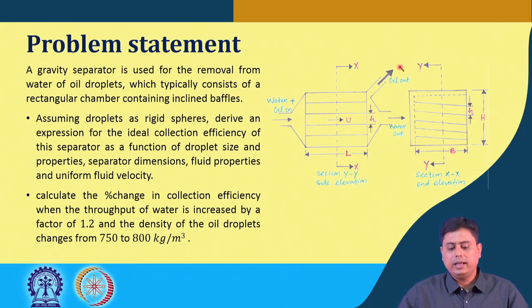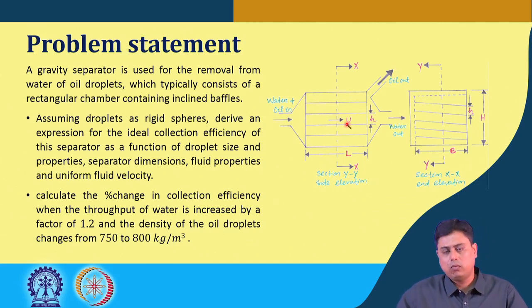The inherent mechanism that you should understand here is how this collection efficiency is defined. The collection efficiency means how much oil you are collecting from the overall sample. Is it 100% of the oil droplets that are coming in that you are separating?